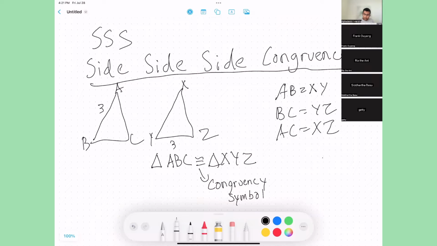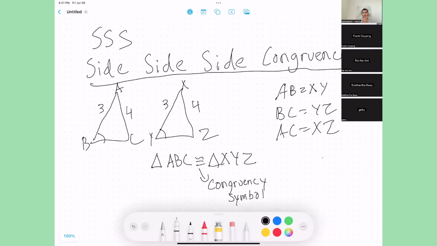So the problem says that AB equals XY, and then AC equals 4, and so does XZ. But they give some other angle, right? They say this angle is equal to this angle.